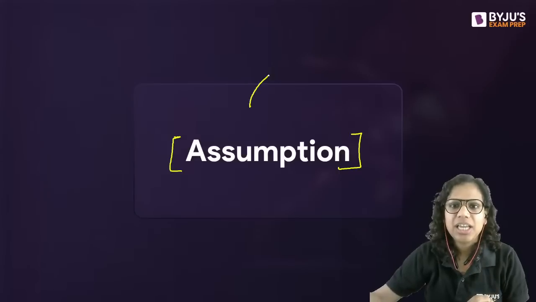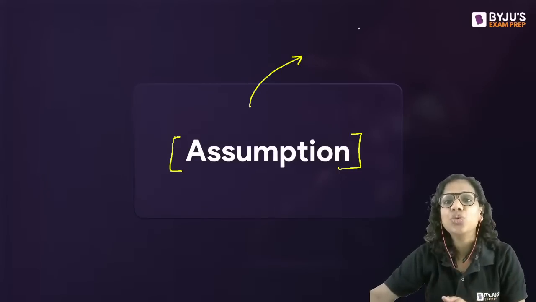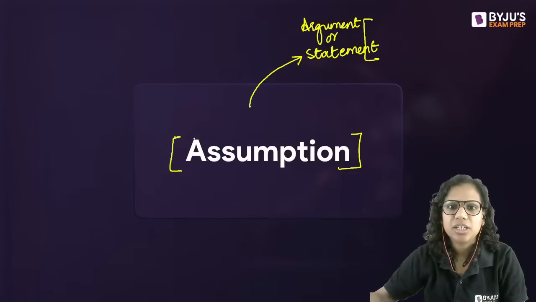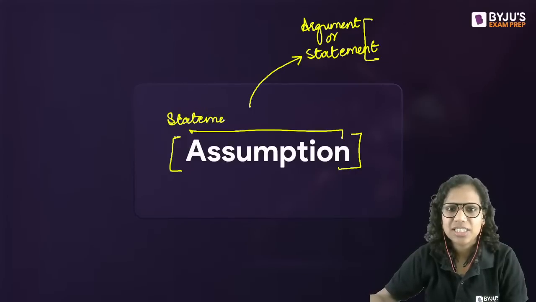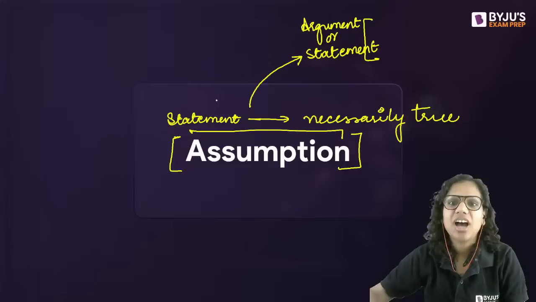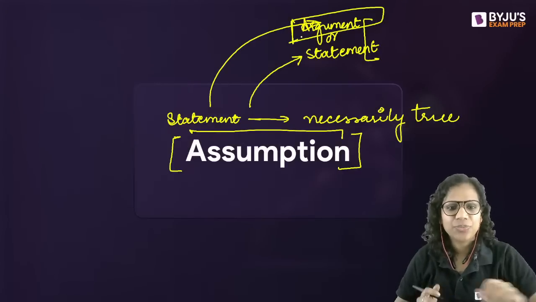In logic, an assumption is something that is necessarily true for your argument or for any statement that you make to be true. So, an assumption is a statement that must be necessarily true for your argument to be true, right?